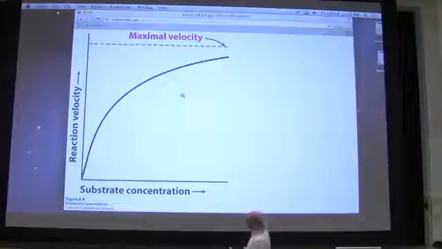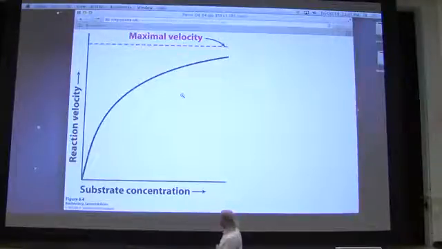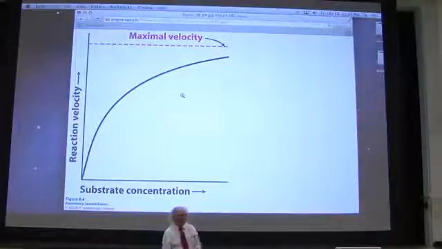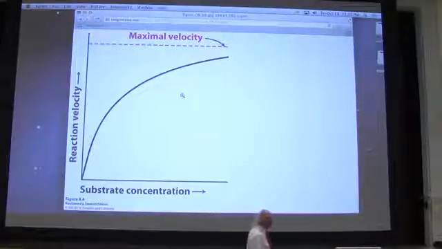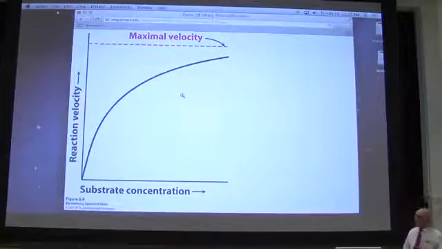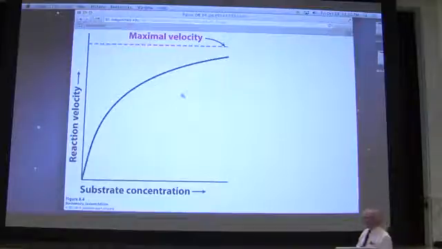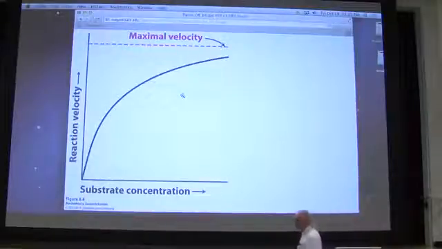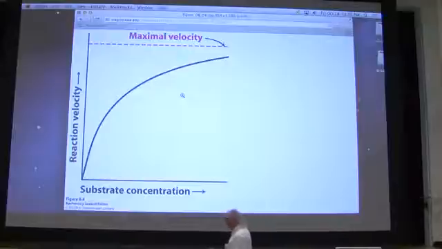And this plot that I've just described to you, which is called velocity versus substrate concentration, is also a hyperbolic plot. You see there's something on this graph that says maximum velocity. It says that this is going to reach a maximum and then it's not going to go any faster.